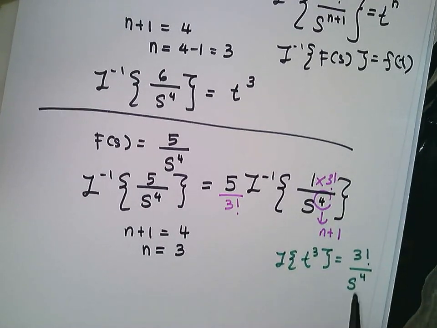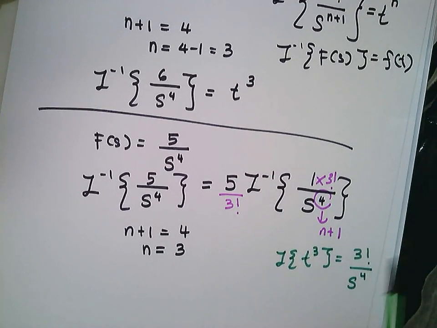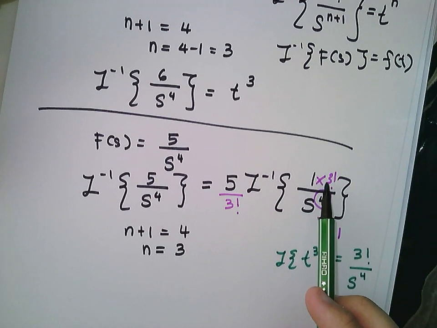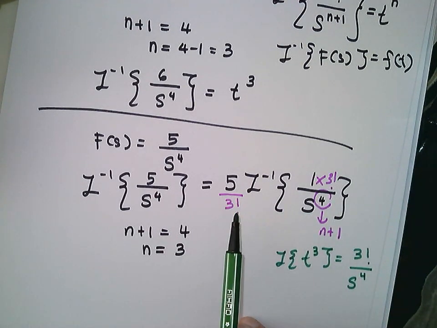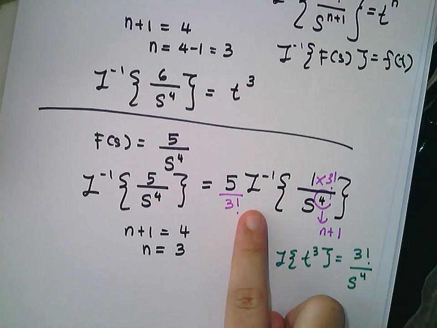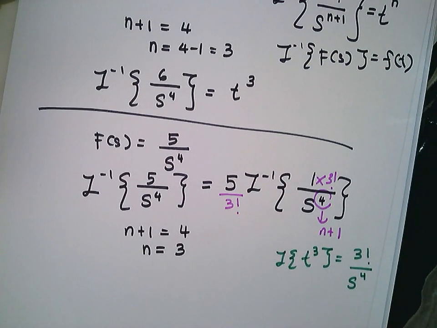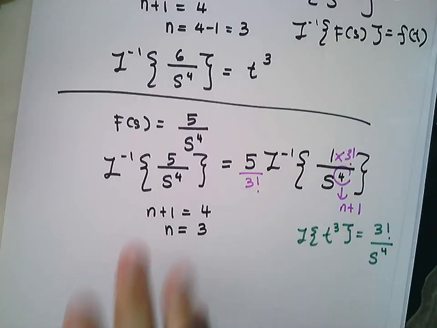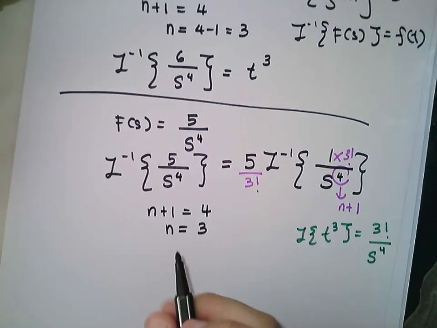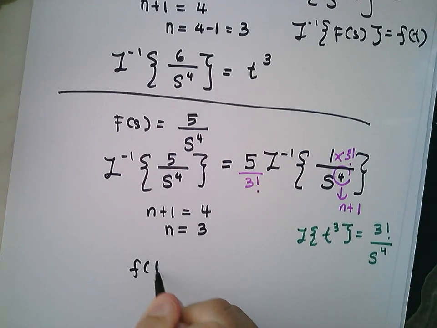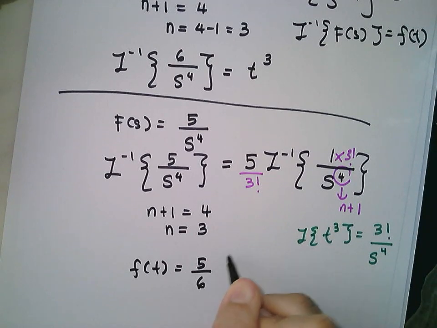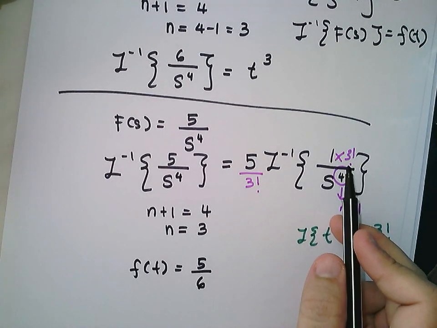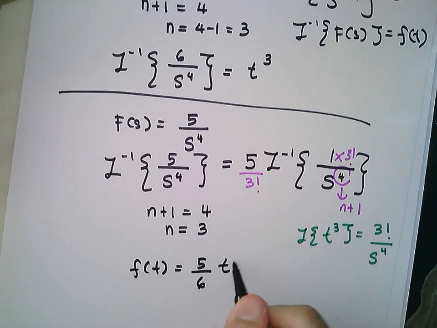So that's why you need 3 factorial in the numerator part. So times by 3 factorial and divide by 3 factorial. Simplify this: 3 factorial is equal to 6, so f(t) is equal to 5 over 6 times the Laplace inverse of this one, which is equal to t cubed.